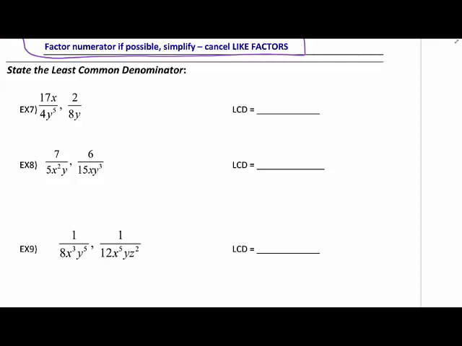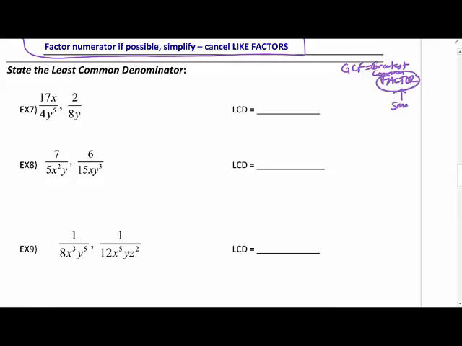So remember, we're looking for, be careful, and I'm going to write it down over here beside it. A GCF is a greatest common factor.